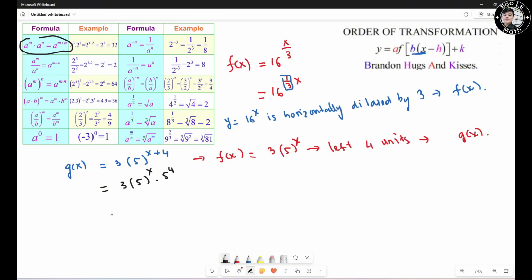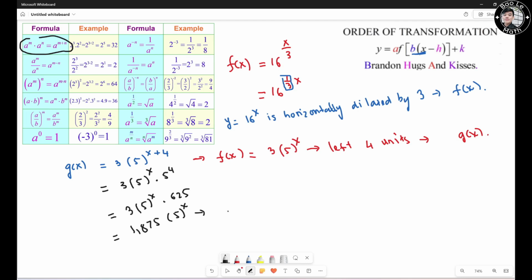Alright, so I just simplify this one. It's going to be 3 times 5 to the s times 625. Then I'm going to simplify 3 times 625, which is 1875 times 5 to the s.